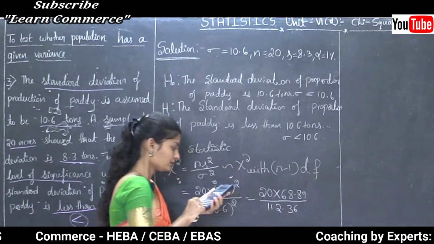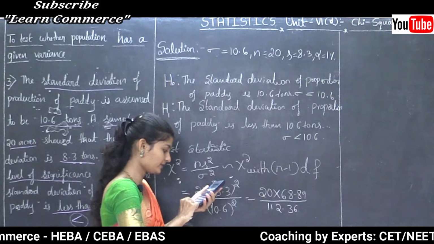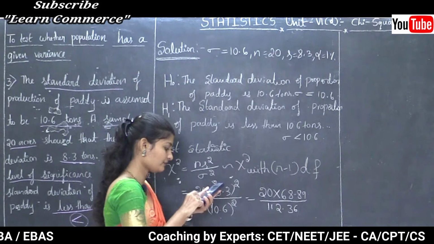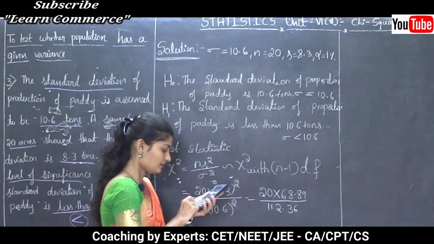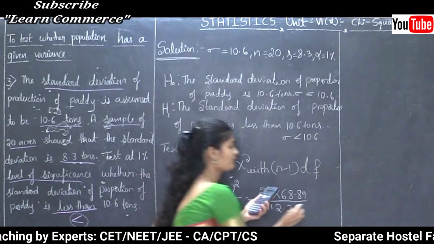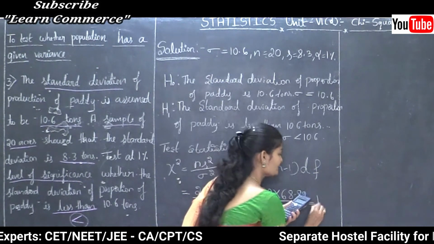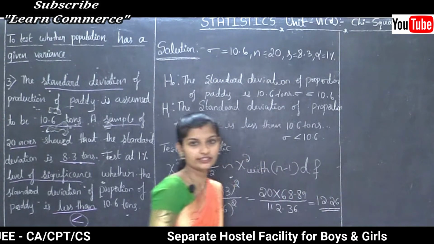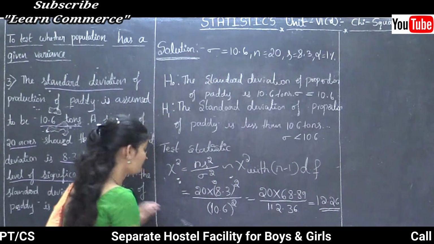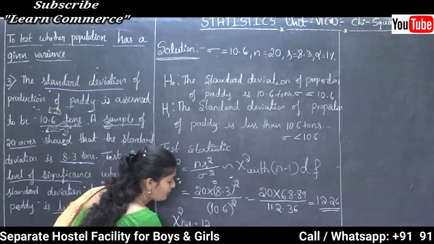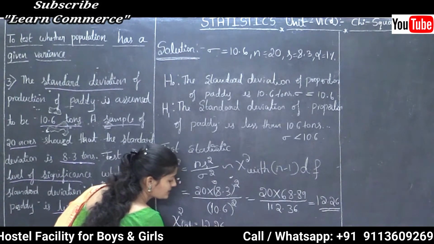Here 20 into 68.89, that value divided by 112.36, the chi square value is 12.26. Okay, this is the calculated value of chi square. So here the calculated value of chi square is 12.26. This is step 3.